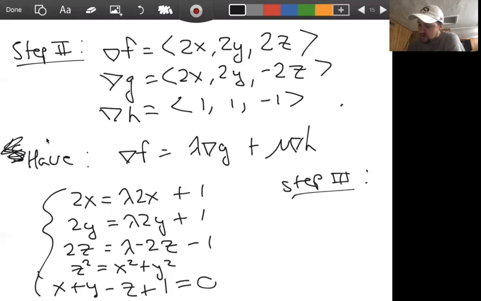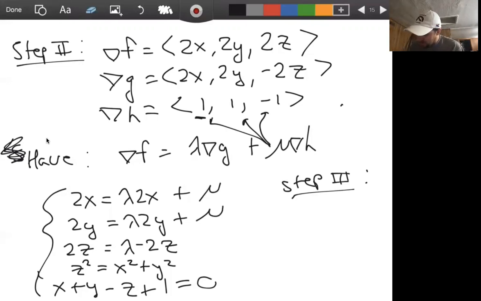And so now this is where step 3 of the paradigm begins, where we actually start to solve this. And these should not be 1s. Sorry. They are 1s here, but it's mu times each component, right? So this is lambda 2x plus mu, lambda 2y plus mu. And so this looks like lambda minus 2z, and that's not true. So let's do minus lambda 2z minus mu, right?